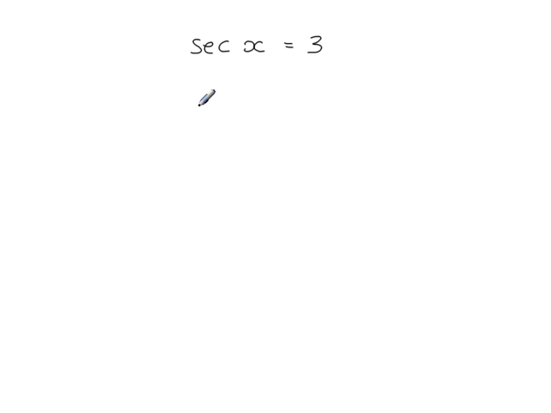Secant x is the same as 1 over cos x. That's still the same, it was 3, that's still 3 here. If you work out the reciprocal of each side of this equation, you end up with cosine of x is equal to 1/3.